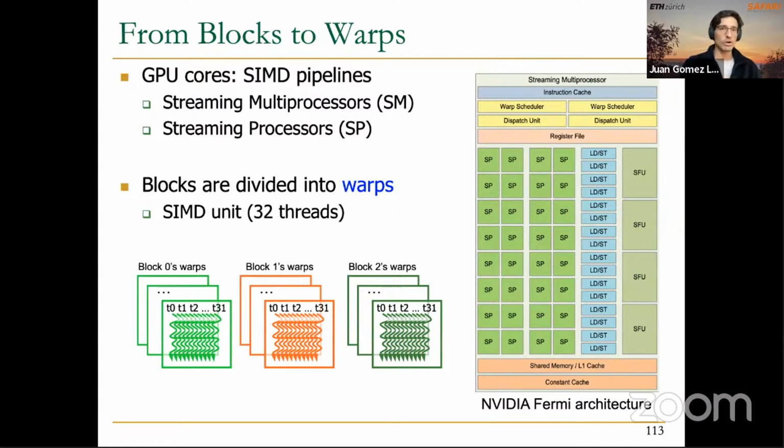And these smaller things are smaller groups of threads that are called warps. And these warps contain 32 threads, as you know. So this might be one warp, divided into warps of 32 threads.